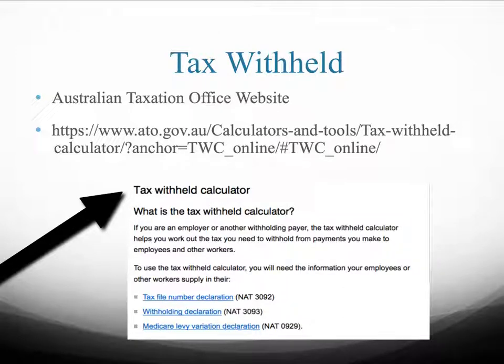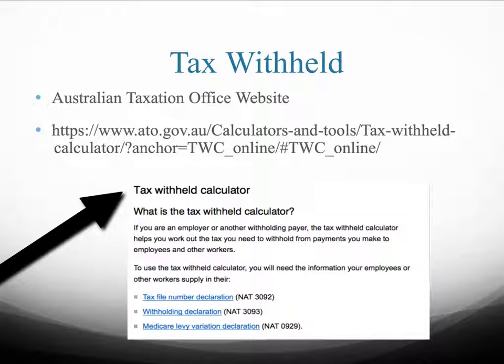We're going to go to the official ATO website and use the tax withheld calculator. As you can see, the first thing that you'll come to when you click on the link is the slide here which says tax withheld calculator.